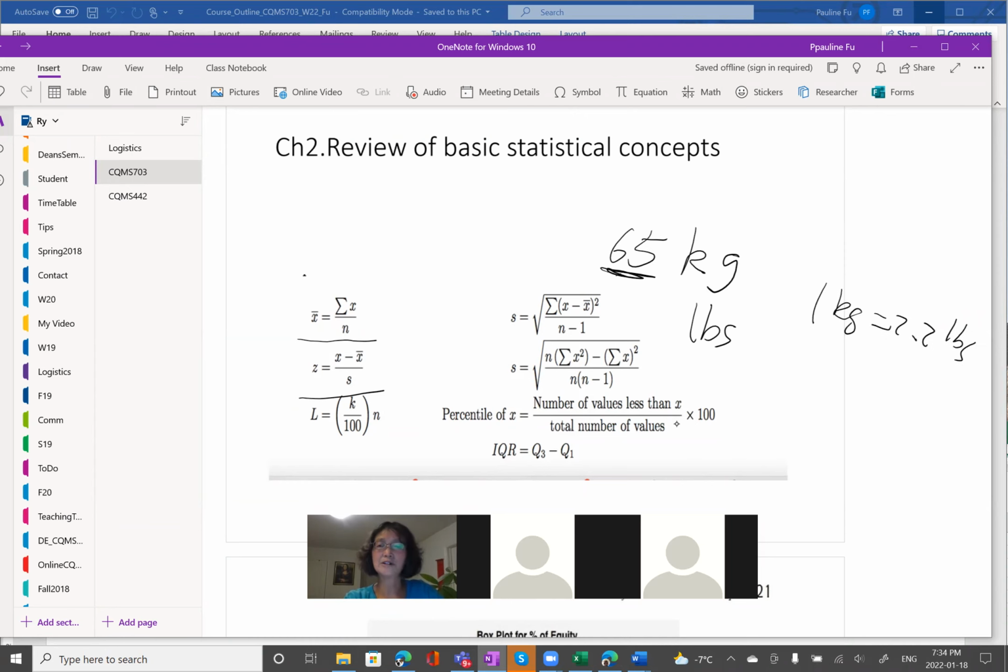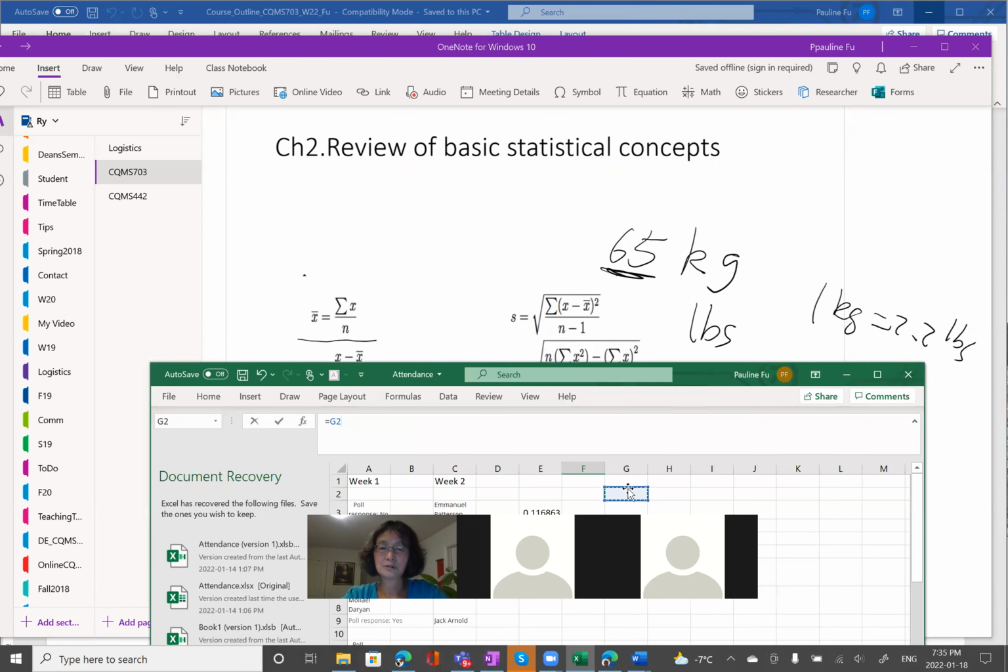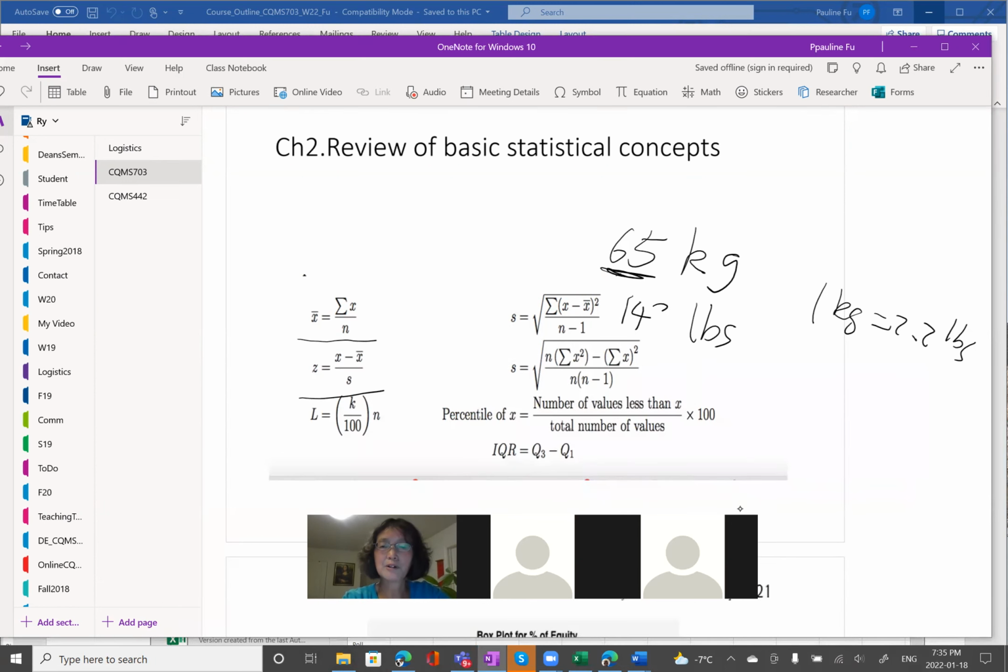And then you need to do 65 times 2.2, just to do the calculation. So 143. If you measure in pounds, your body weight is 143 pounds. You see different numbers, but they represent the same body weight.